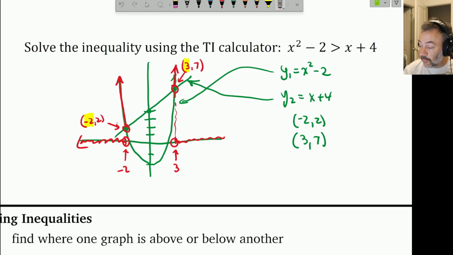Remember, because we want where the quadratic is above the linear equation. That's the part that's up here and the part that's up here, and that corresponds to the x values on the left of this boundary and on the right of this boundary. So our final answer is the following: everything from -infinity to -2, not included, union 3 to infinity.